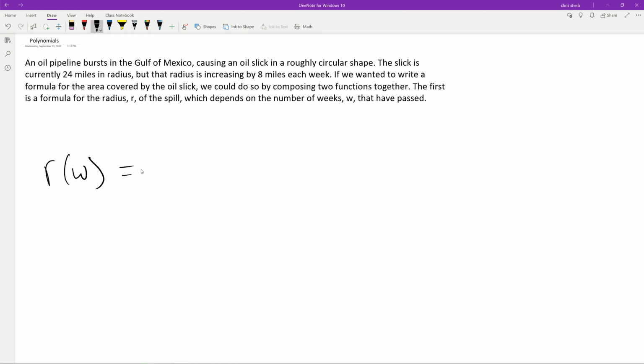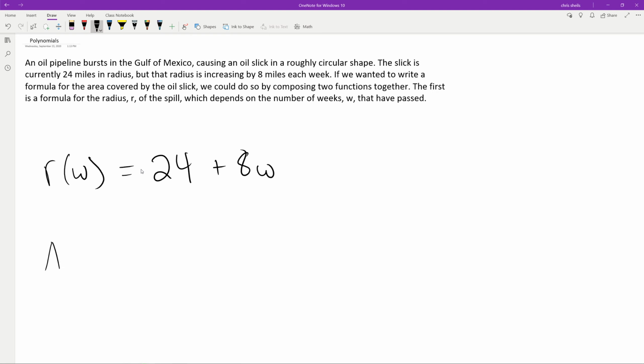This is equal to, let's see, this says that the slick is currently 24 miles in radius. So it starts out at 24 miles in radius, and it increases by 8 miles each week. So this formula should be r of w is equal to 24 plus 8 times w.